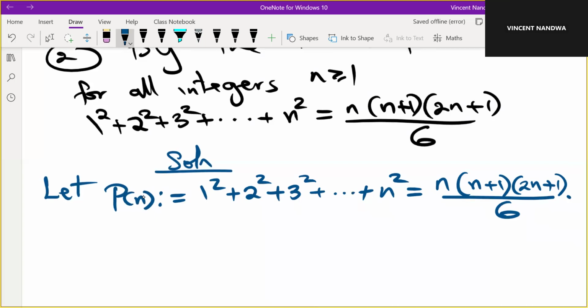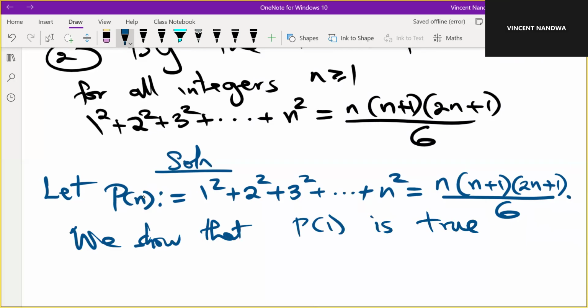We need now to show that P of 1 is true. And that one means that we need to show that when we have 1, both left-hand side and right-hand side will give us the same number, okay? So left-hand side, P of 1 gives us 1 squared, which is 1, correct.